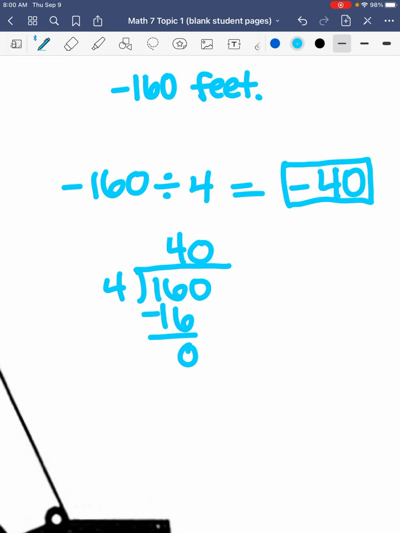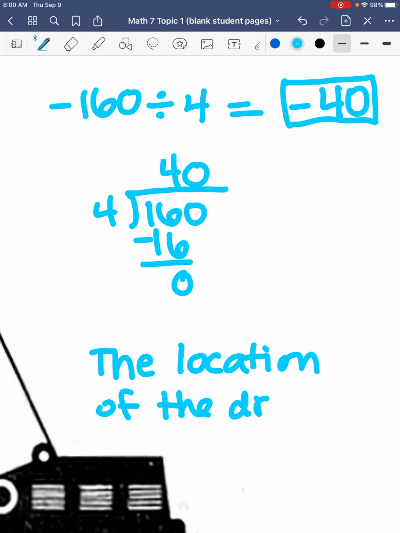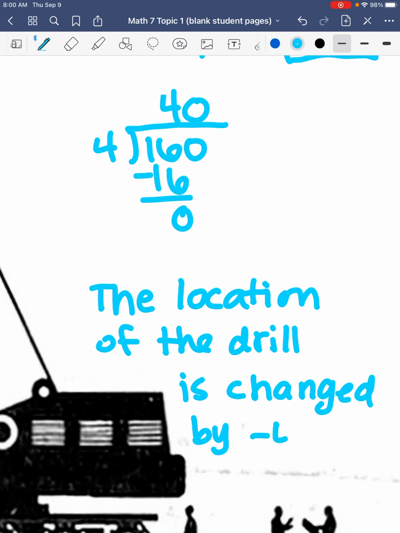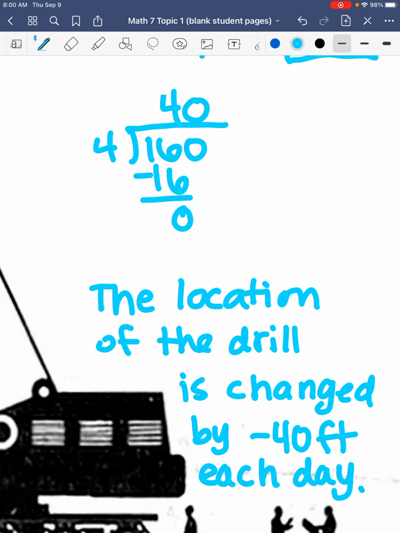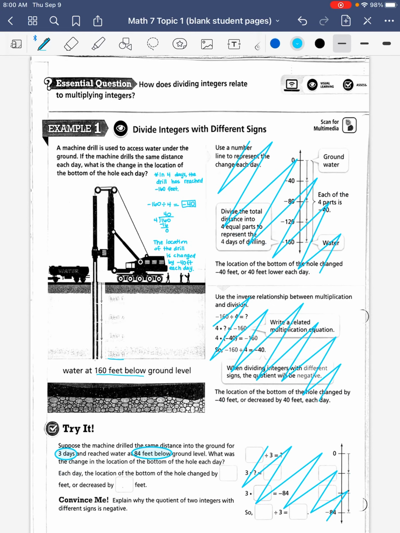The location of the drill is changed by negative 40 feet each day.